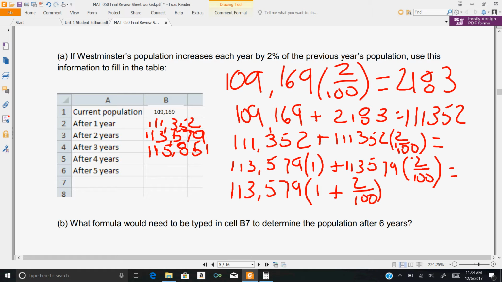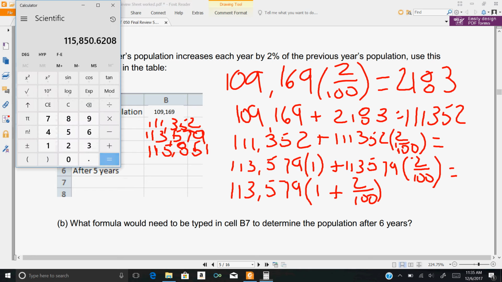I could have gone on just doing exactly what I did for the first one, multiplying by 2 over 100, adding it, multiplying that number times 2 over 100, adding it. But now I found that every time I can just multiply by 1.02. So to get the next one, I'm going to say times 1.02. I get 118,168.